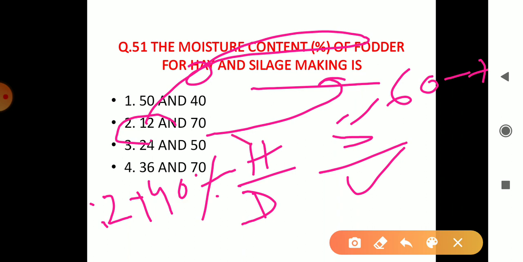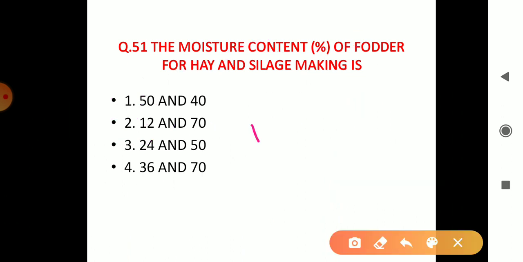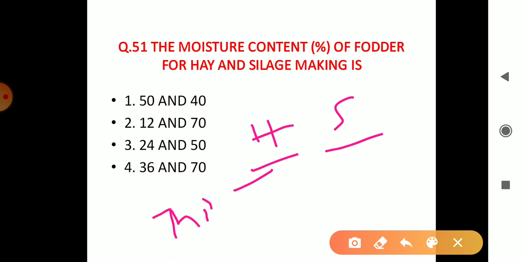So the best crop for hay making is oat, whose scientific name is Avena sativa. For silage making, maize is the best fodder. For hay making, thin stem is preferable.